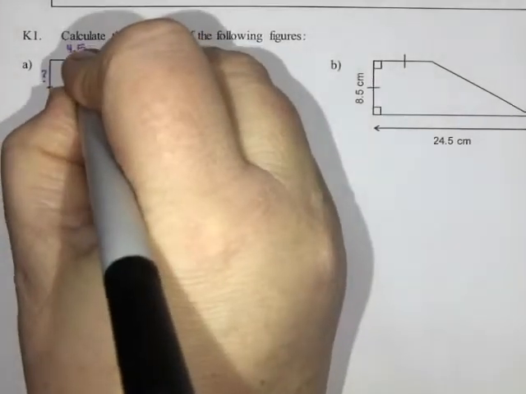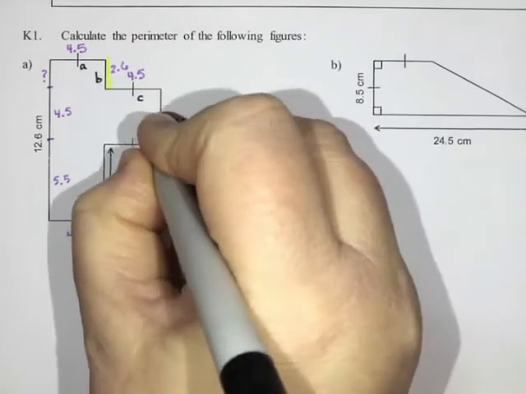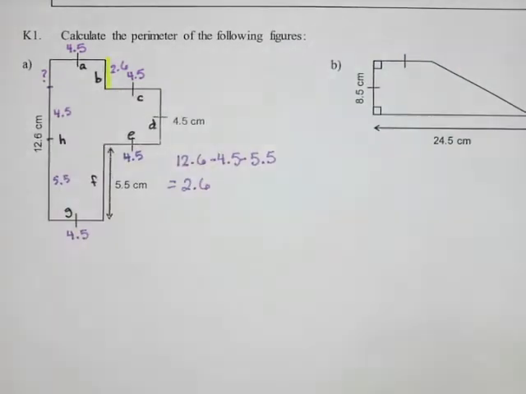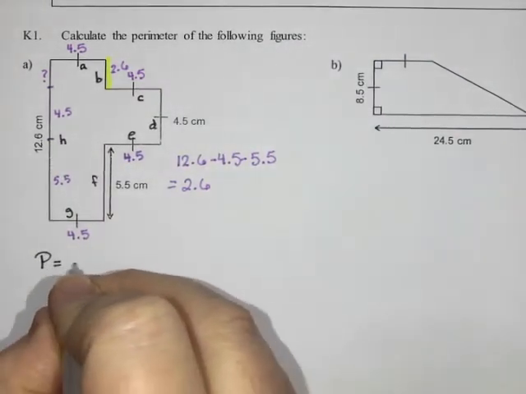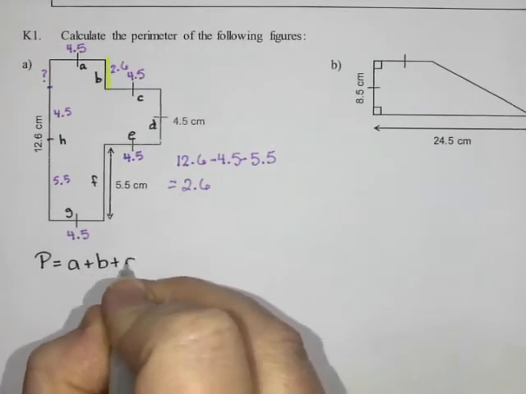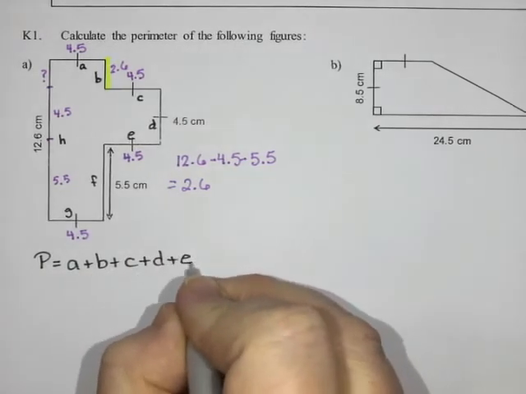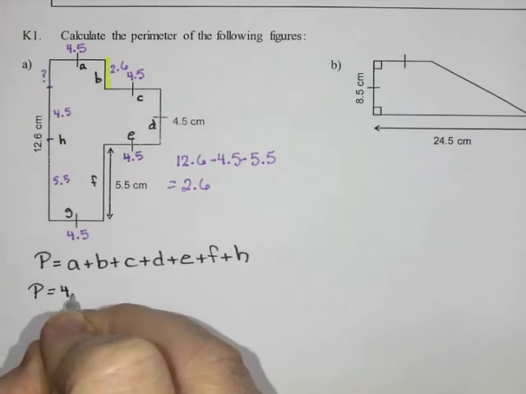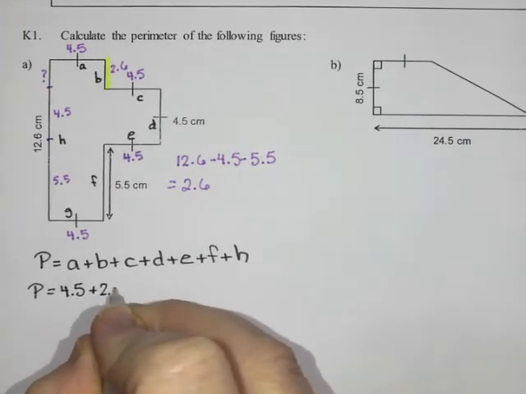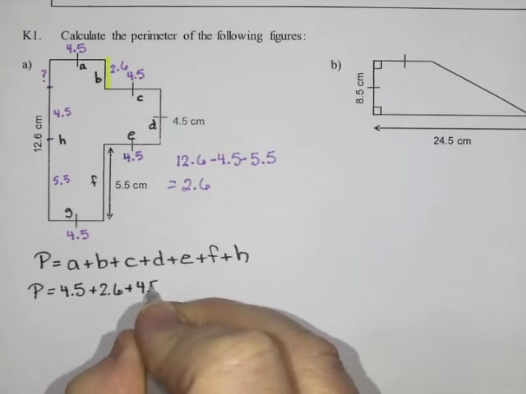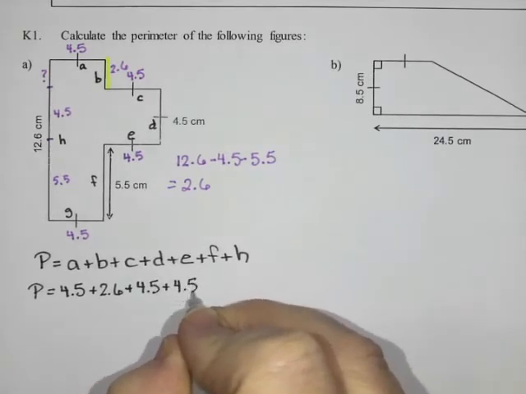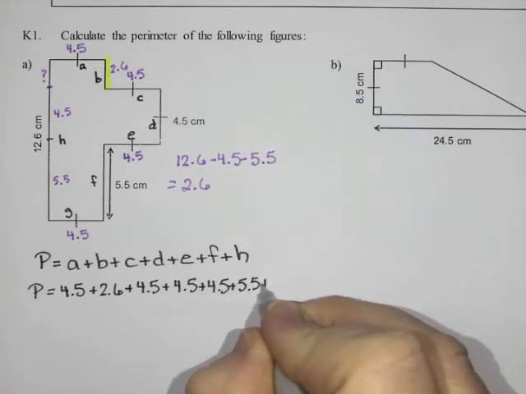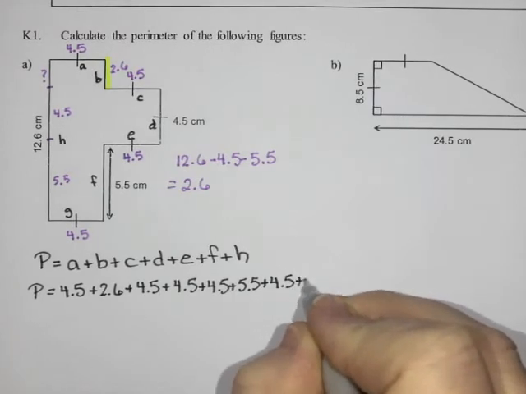So I'm going to call this A, B, C, D, E, F, G, and H. So perimeter is A plus B plus C plus D plus E plus F plus G plus H. That's 4.5 plus 2.6 plus 4.5 plus 4.5 plus 4.5 plus 5.5 plus 4.5 plus 12.6.